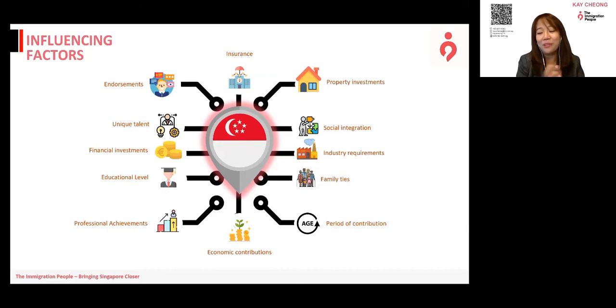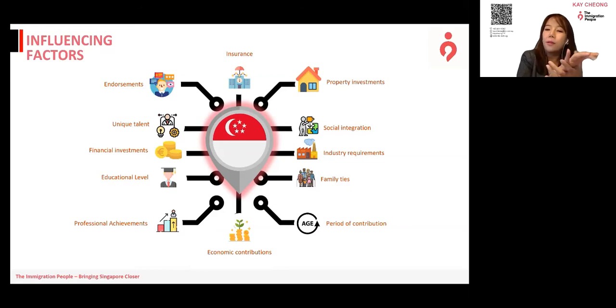Although he does not meet the age requirement and is not doing very well in terms of his period of contribution, the rest of the factors, he made up for it. He's actually a CEO of a big MNC company, with excellent economic contribution and a lot of achievements. That's why he's a CEO. And a good educational level as well.